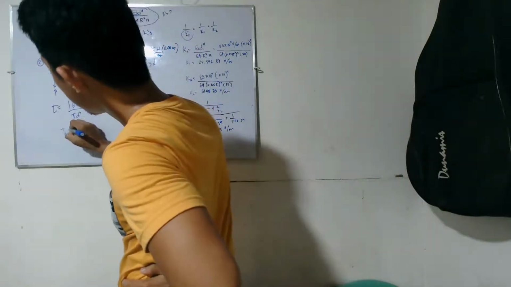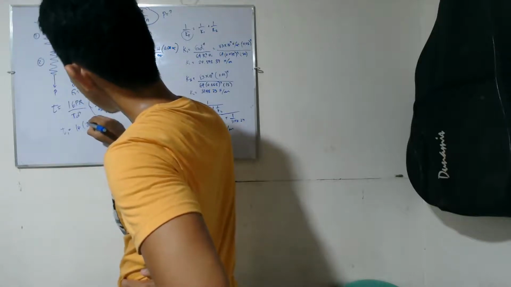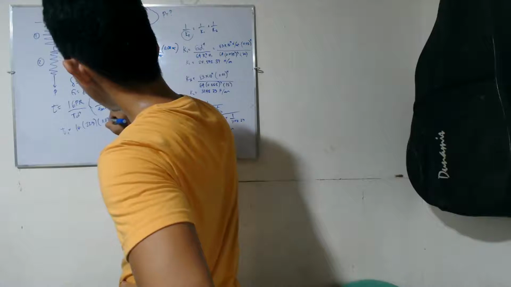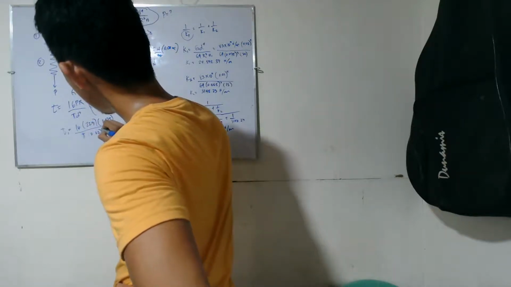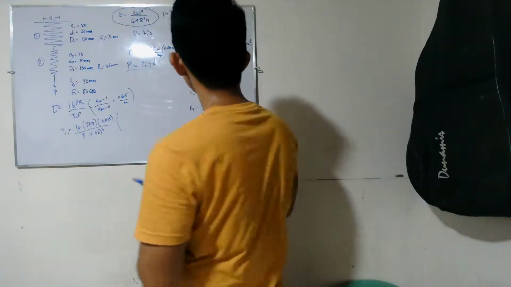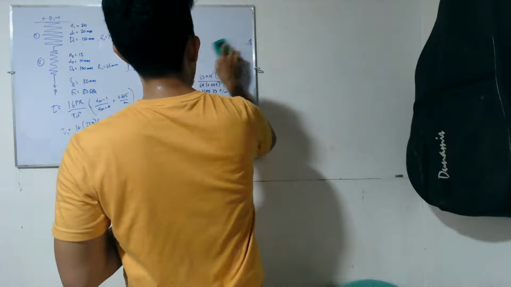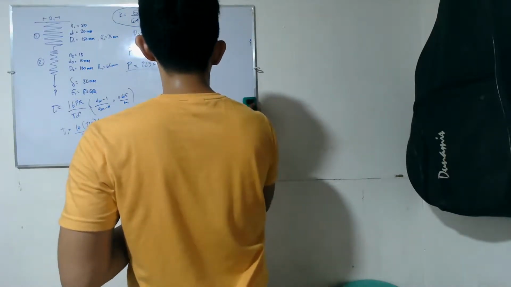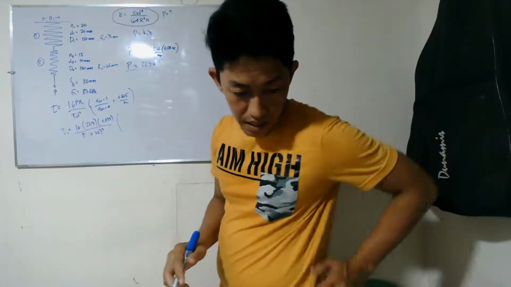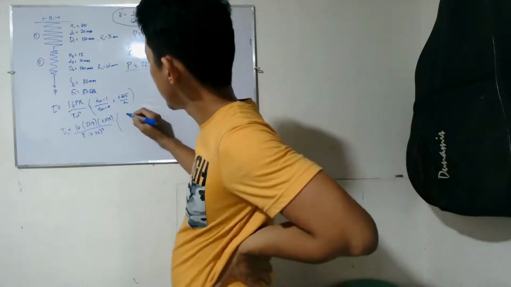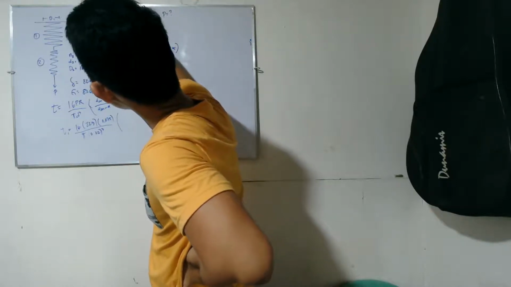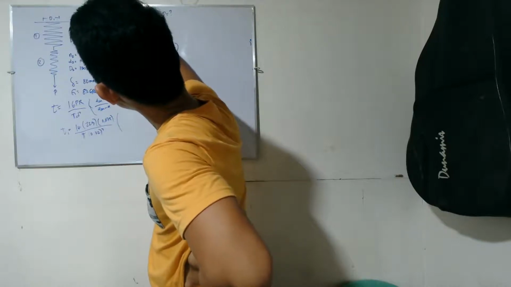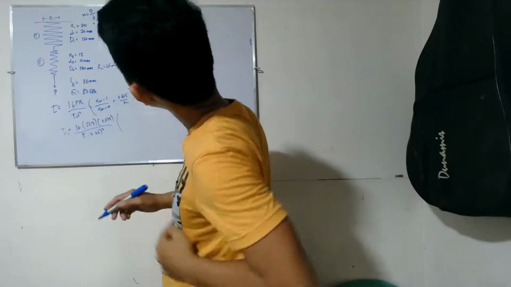For spring 1, tau 1 is 16 times 223 times R1, 0.075, over pi times d, 0.02 cubed, times... what is m? Your m is capital D over small d, so 150 over 20, which is 7.5.